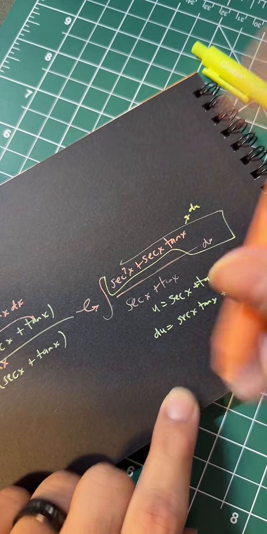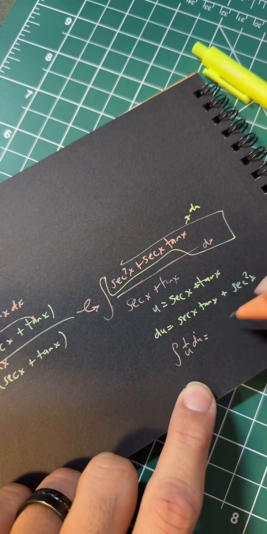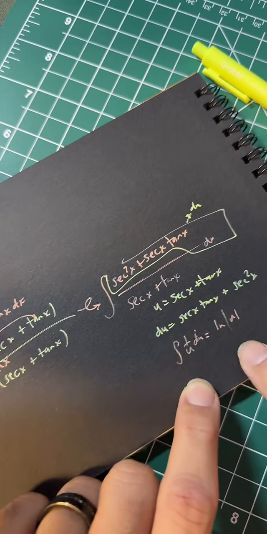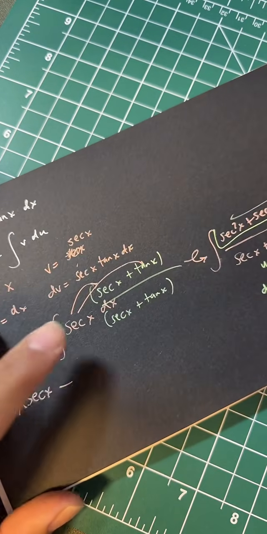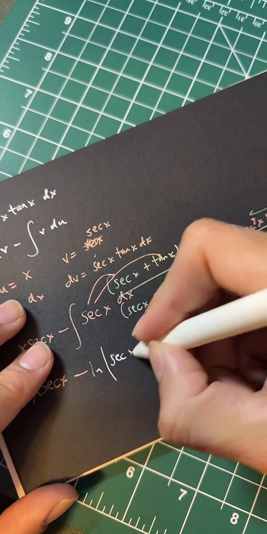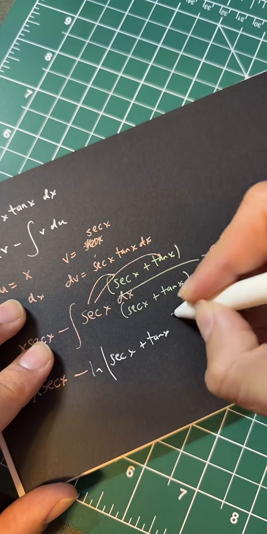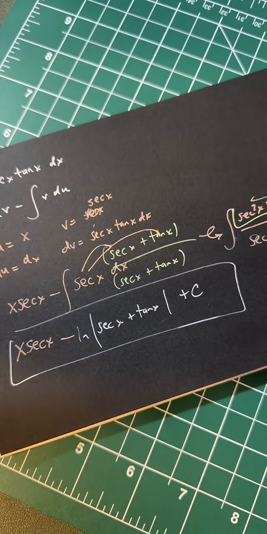So what you have is the integral of 1 over u du, which is just the natural log of u. Since u is secant x plus tan x, that's what the integral of secant x is: natural log of secant x plus tan x. And let's not forget our plus C. And we are done.